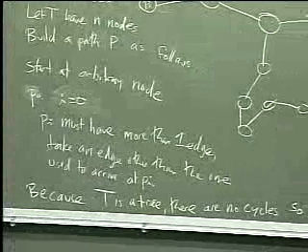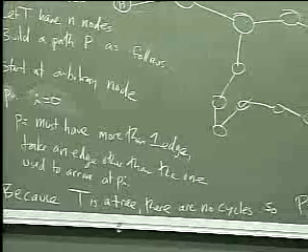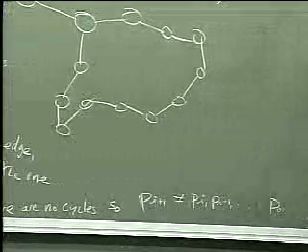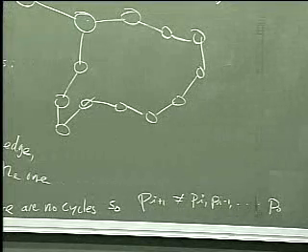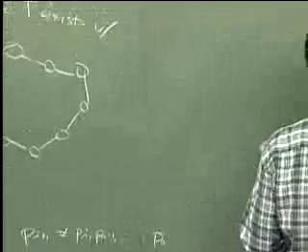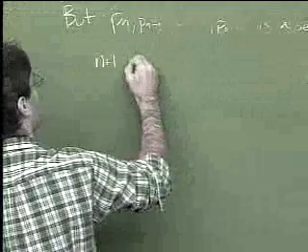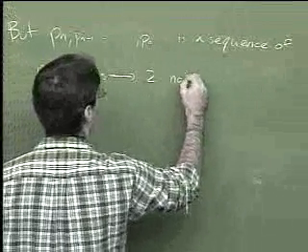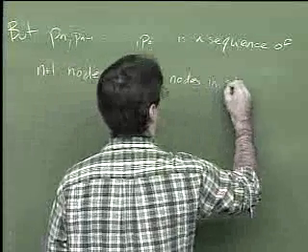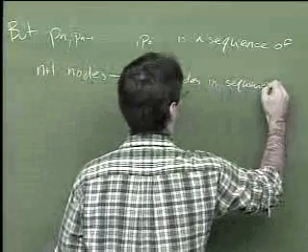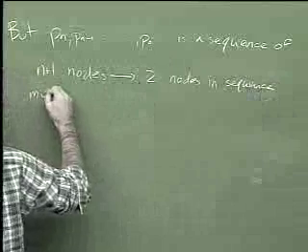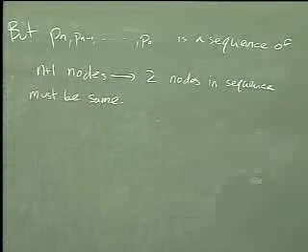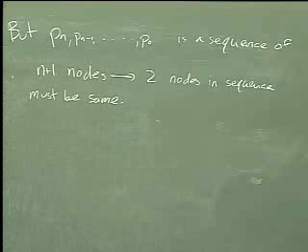But P sub n minus 1 down to P sub 0 is a sequence of n plus 1 nodes, hence two nodes must be the same. There's your contradiction.